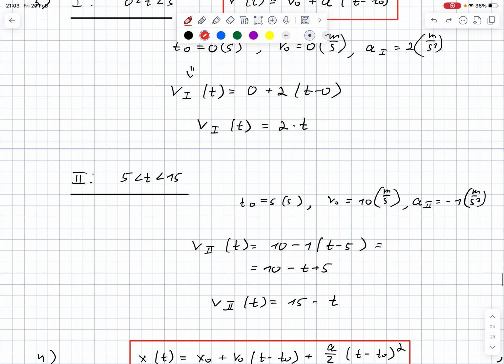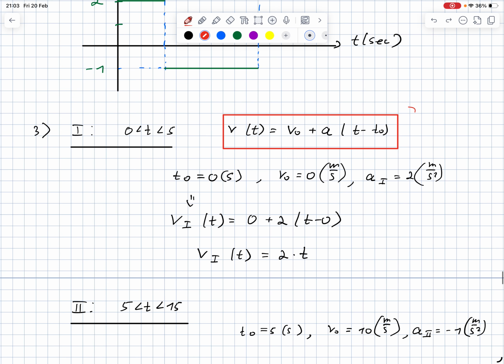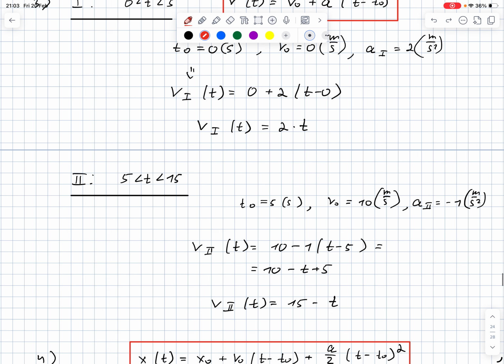We can say that when t0 for this time interval equals 5 seconds, the velocity is 10 meters per second, and we calculated previously that acceleration equals minus 1 meters per second squared. Again, we substitute all those parameters with those values: when time equals 5 seconds, velocity is 10 meters per second, and acceleration is minus 1 meter per second squared.